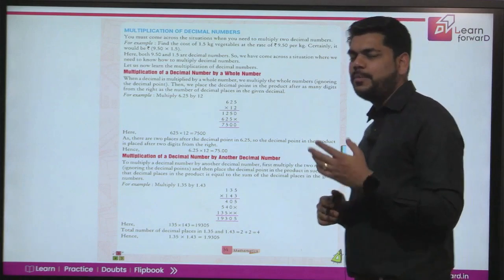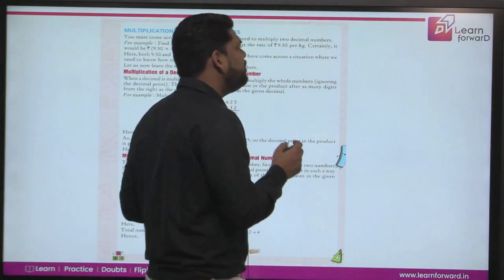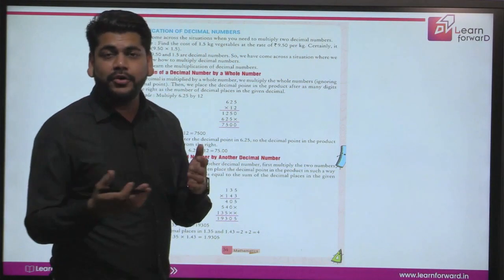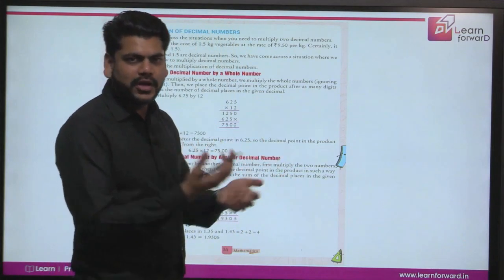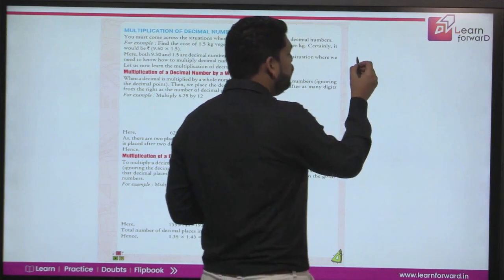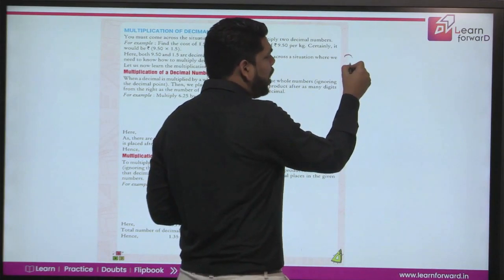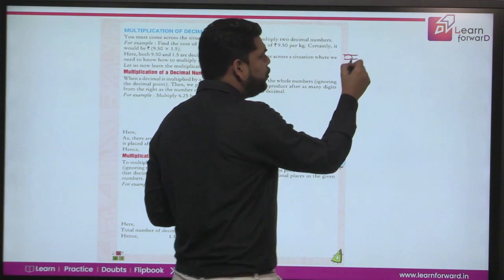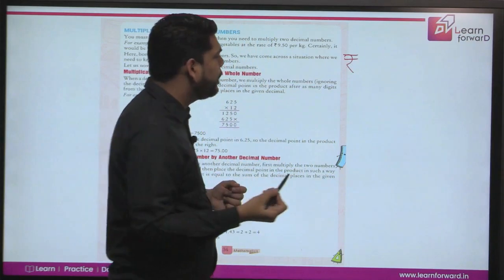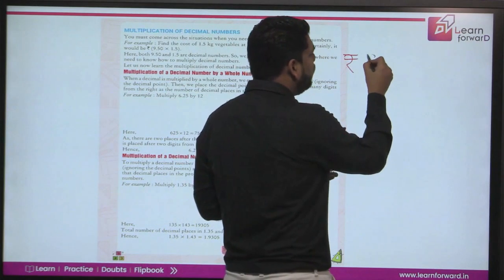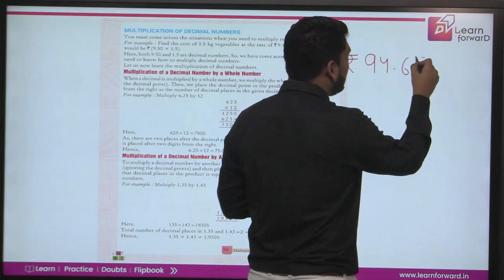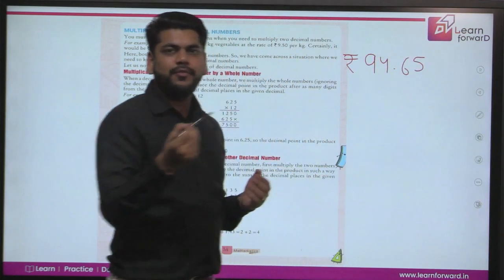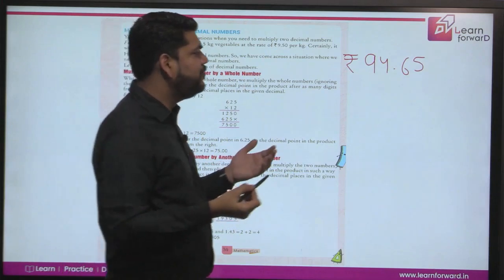Okay. So some of the examples are, you must have visited the petrol pump with your father or your mother, right, to fill up the tank of your scooty, bike or car, whatever vehicle you have. You must have seen the price of petrol, 1 liter of petrol is most of the time in decimal, like 94.65 rupees, right? 94.65.